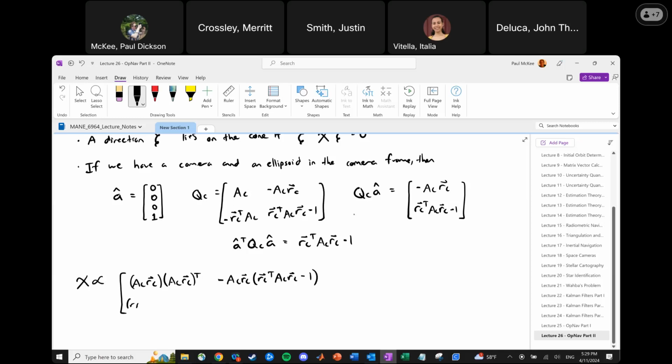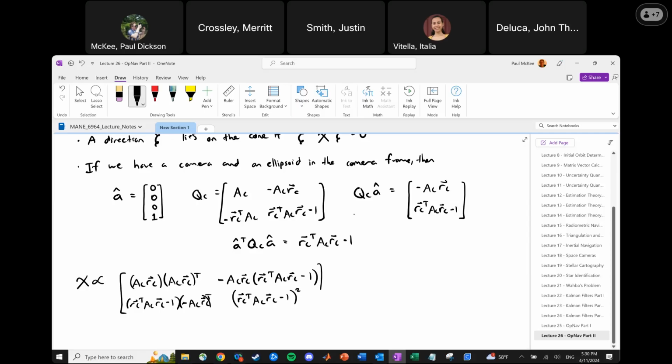And then we've got RC transpose AC RC minus 1 times negative AC RC transpose. Oh, sorry, that transpose is on the outside of the parentheses. And then we've got RC transpose AC RC minus 1 quantity squared.